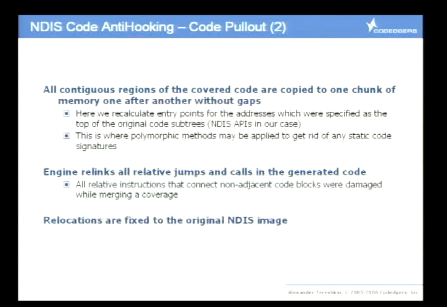The final steps of the code pullout technique is to rebuild all generated code to make it possible to run. We have to recalculate entry points for the addresses which were specified as the top of original code subtrees, because the addresses have changed since we are going to move our regions of covered code.